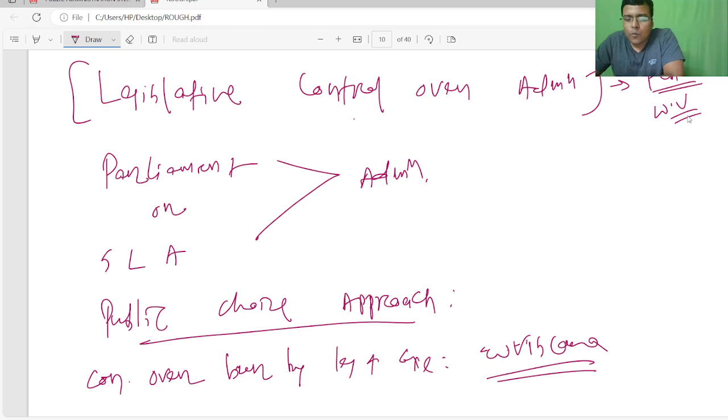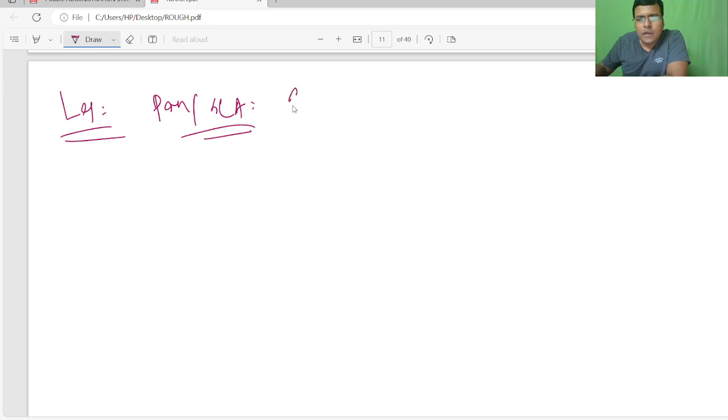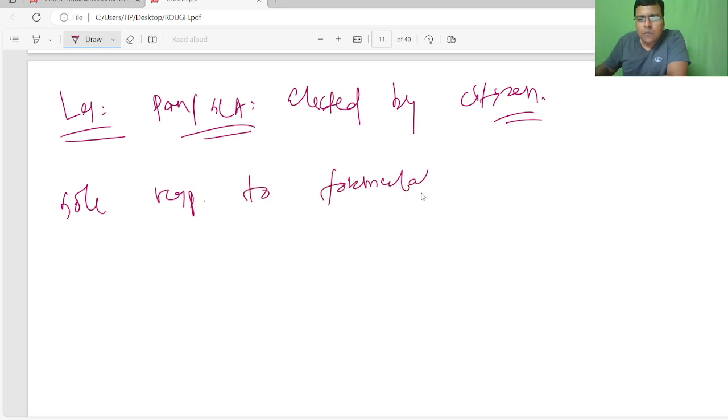Okay, so now we will go to that legislator. Legislators are elected. Legislator, maybe it is parliament or state legislative assembly, they are elected by citizens, and they have the sole responsibility to formulate law.